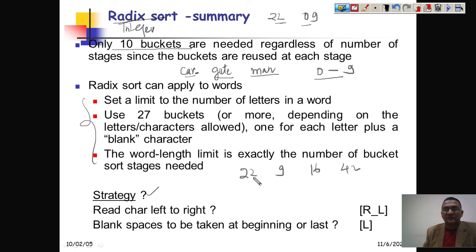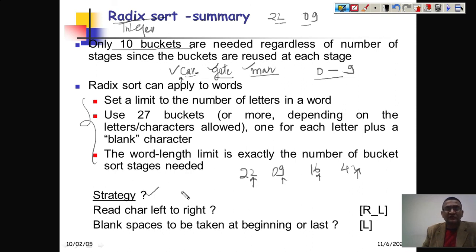That means we will first read the rightmost digit in the first pass. But when you are provided different words, then from where to start? Are you going to start from the right character or from the left character? This is one thing that you need to decide.